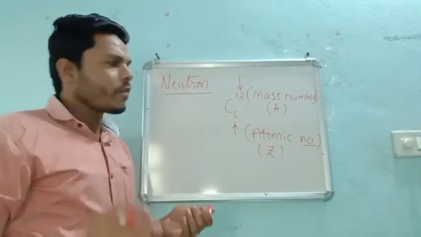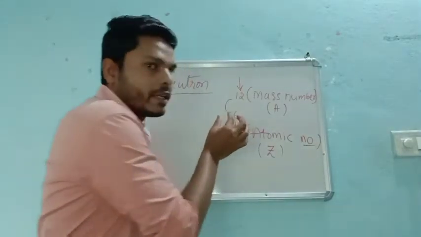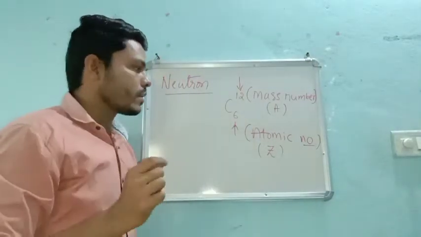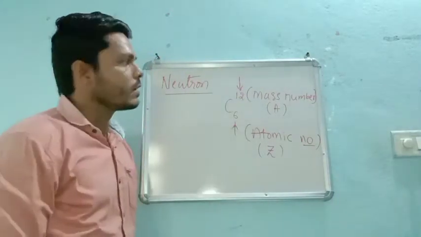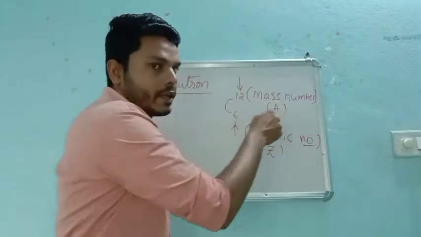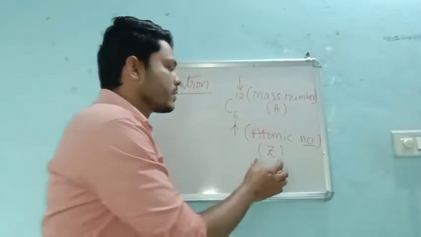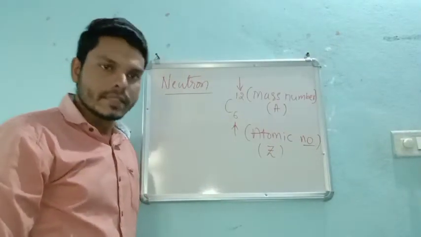For now, just understand that the number present at the base of an element is called the atomic number, and the number present at the top of an element is called the mass number. The mass number is denoted by the letter A, and the atomic number is denoted by the letter Z, right?